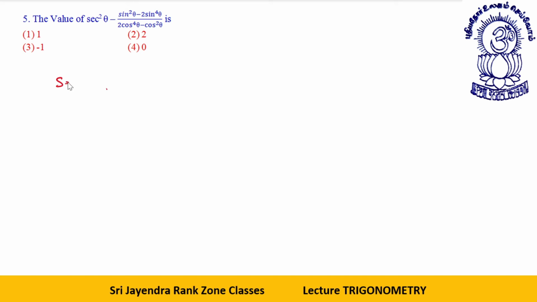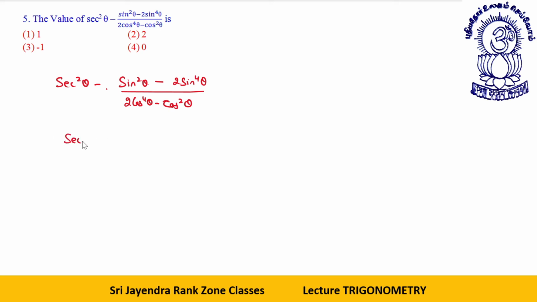The value of sec square theta minus sine square theta minus 2 sine 4 theta divided by 2 cos 4 theta minus cos square theta. This is the question we have right now.